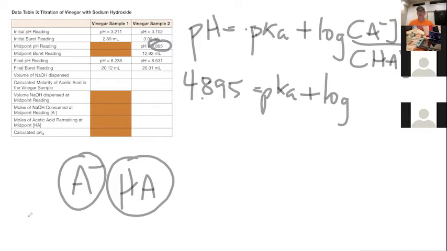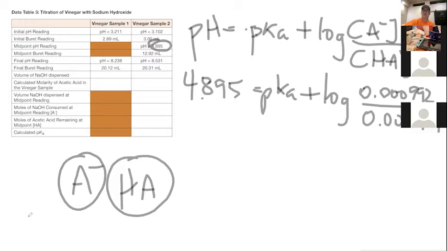So I need the log of 0.000992 moles, this is my A minus, divided by 0.0000739, that's my moles of acetic acid at the halfway point.